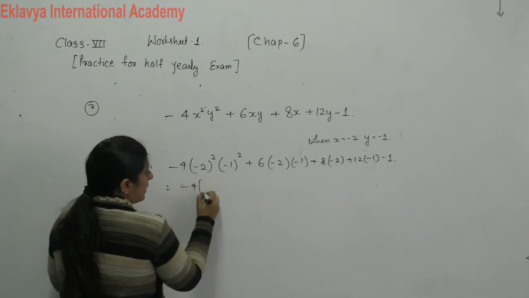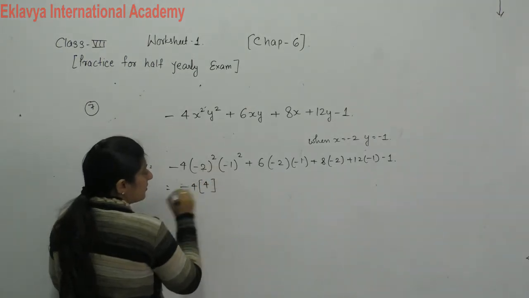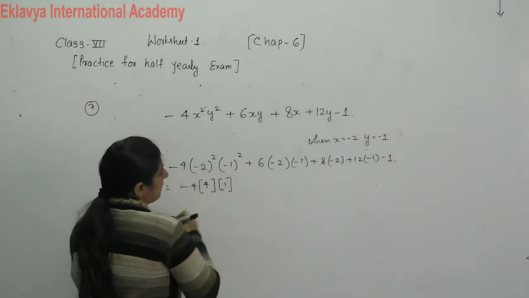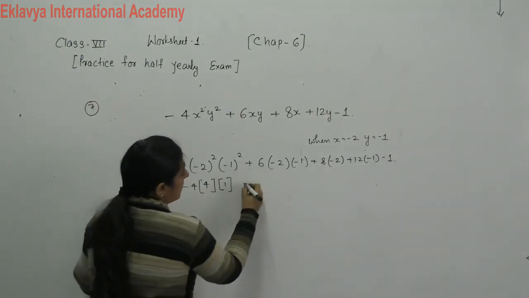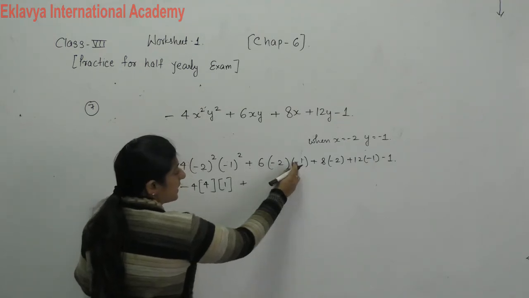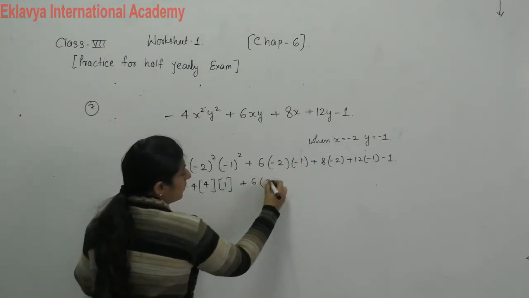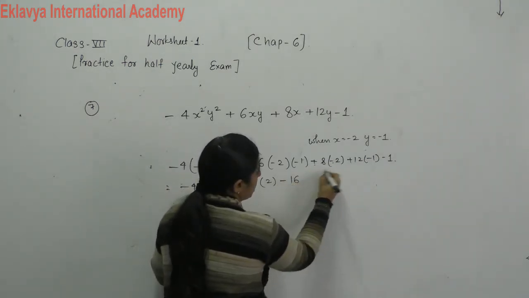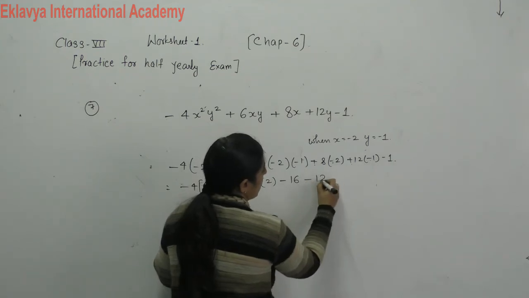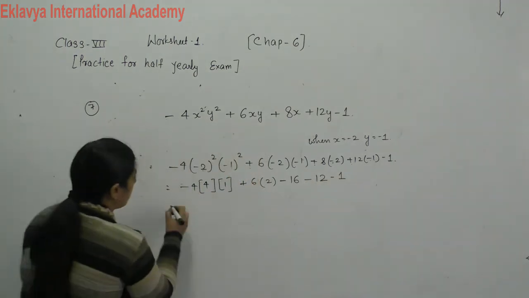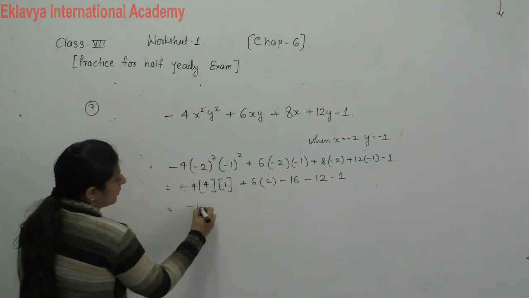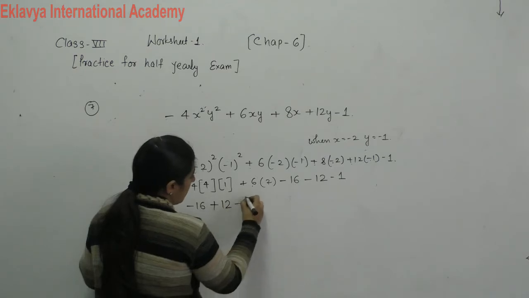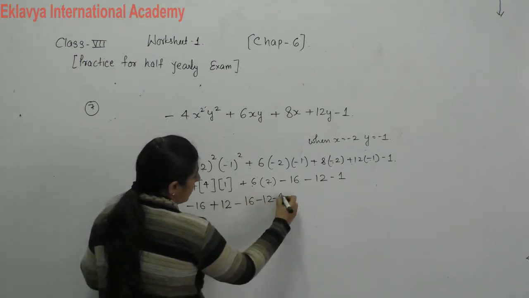Minus 4 into 4 into 1 is minus 16, plus 6 into 2 is 12, minus 16, minus 12, minus 1.